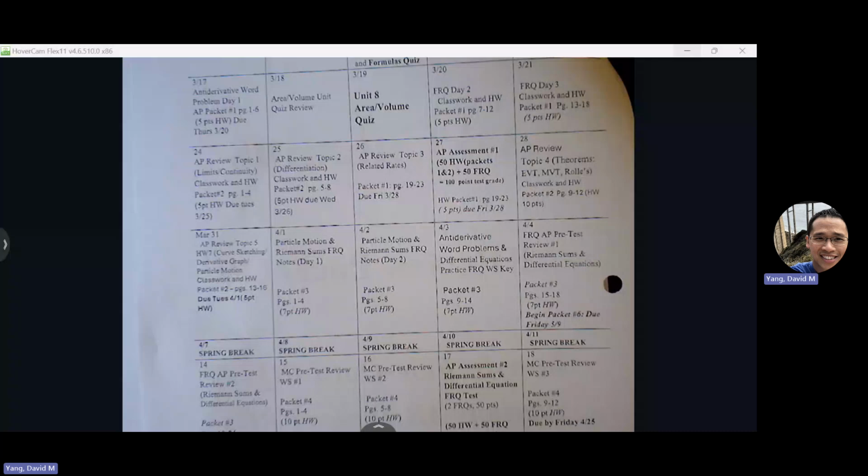But on the AP exam, there's definitely a calculator and non-calculator section. I think it ends up coming out to around 60% of the test being non-calculator and 40% of the test being calculator. Any questions at this time?